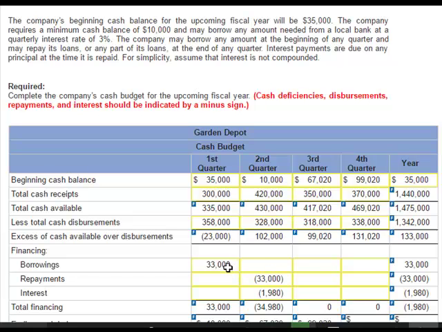That means we're going to have to pay 2 quarters worth of interest. So the $33,000 borrowed, we'll assume we borrowed at the beginning of the first quarter, and when we repay it in the second quarter, it will be at the end of the second quarter. So that's 2 quarters worth of interest. Again, the interest rate is 3% per quarter.